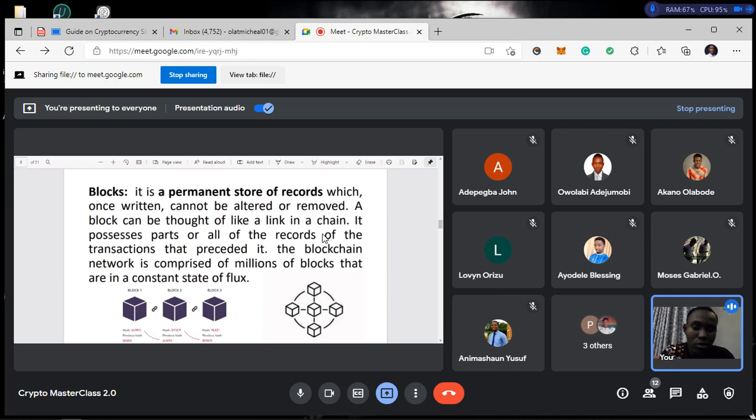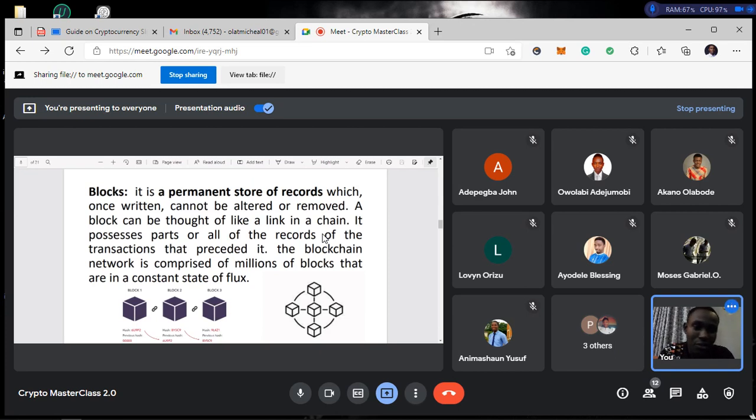So once you perform a particular transaction, when the other one is coming, it links to the previous one and they keep linking to themselves. So let's say you want to change transaction number 50 and you have about 100 transactions, that means you have to change from 100 to 99 to 98 to 97 to 90 till you get to 50.